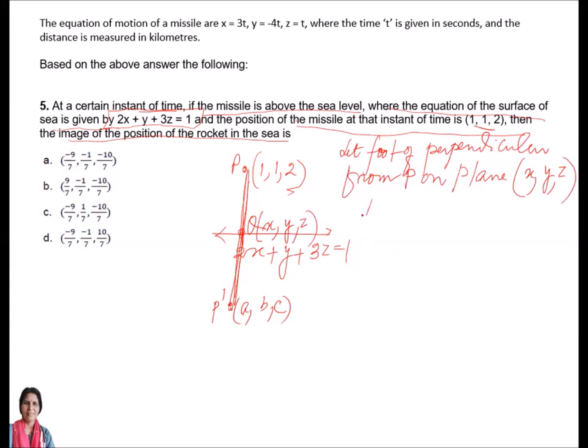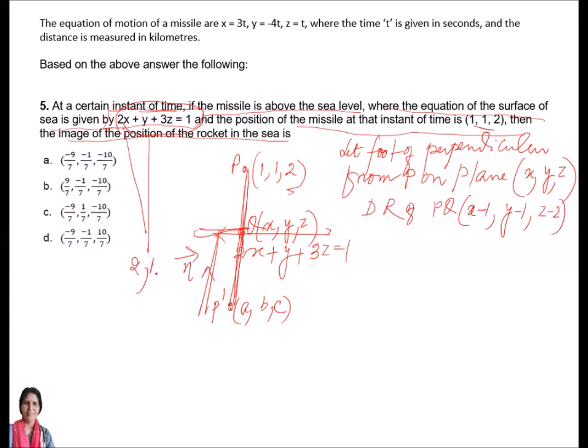So the direction ratios of PQ will be what? It will be x minus 1, y minus 1, and z minus 2. So PQ is parallel to the normal. What is the normal? The normal of this plane has direction ratios 2, 1, and 3.